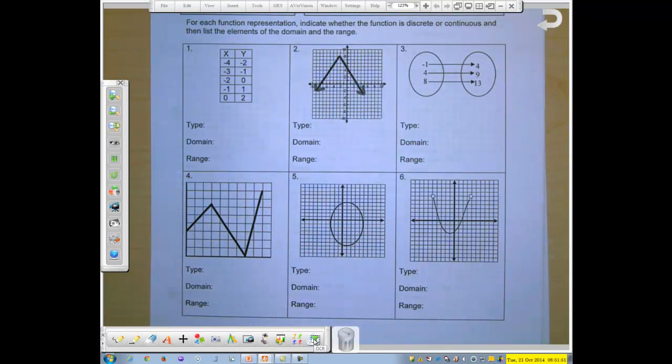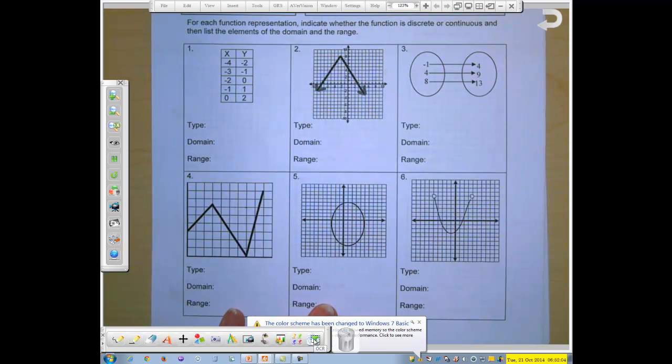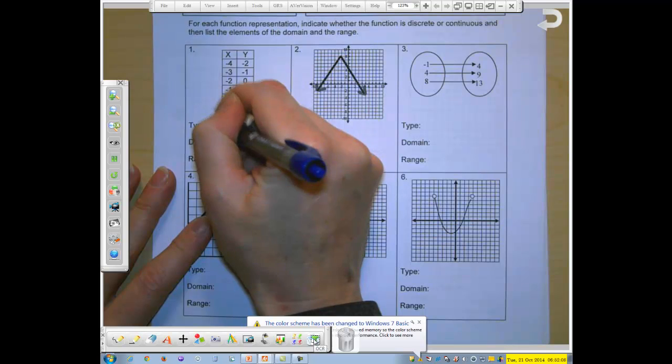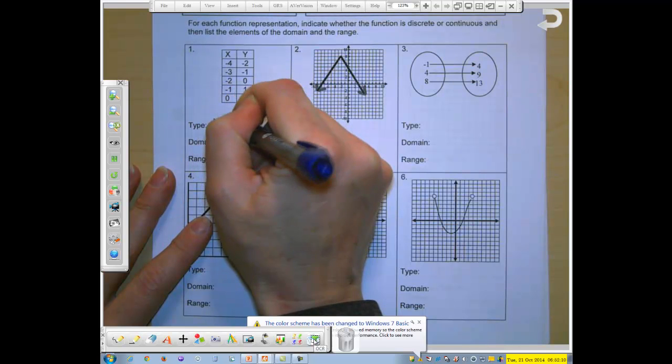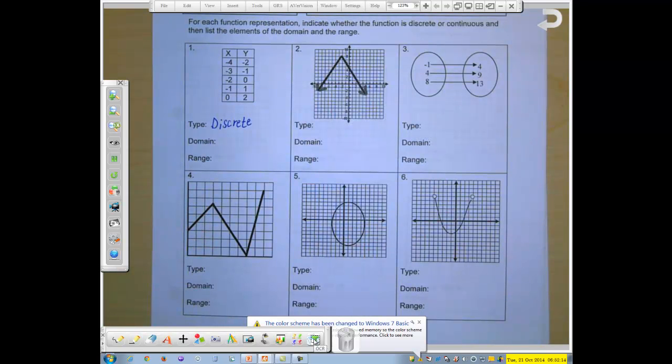Okay, so let's look at the table in number 1. First of all, is this discrete or continuous data? We can see that this table lists a set of points. It lists specific points. So that means that this is discrete data because it lists a set of specific points.